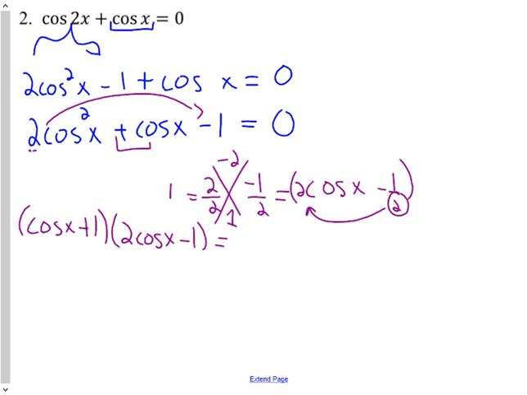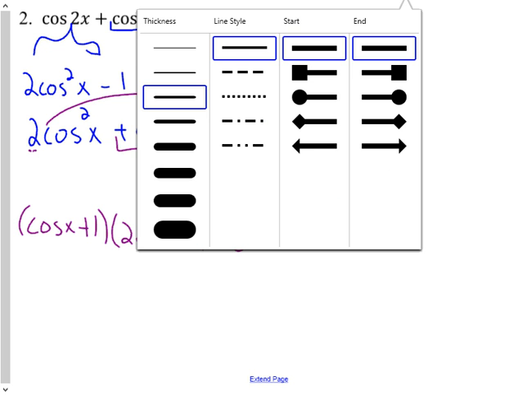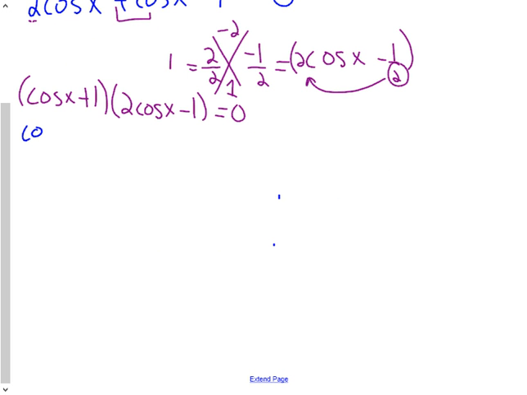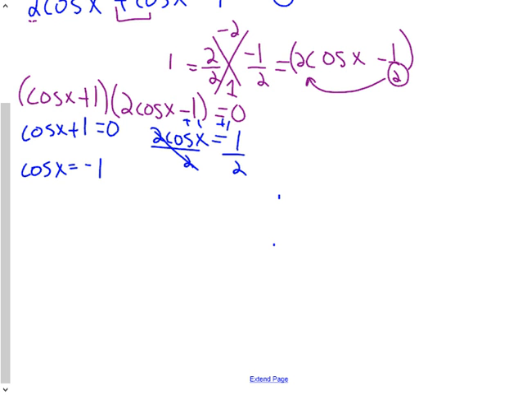And now we set each piece equal to 0. So cosine of x plus 1 is 0, gives us cosine of x equal minus 1. And then 2 cosine of x equals 1, right? Plus 1 to both sides, divide by 2, we get cosine of x is half.